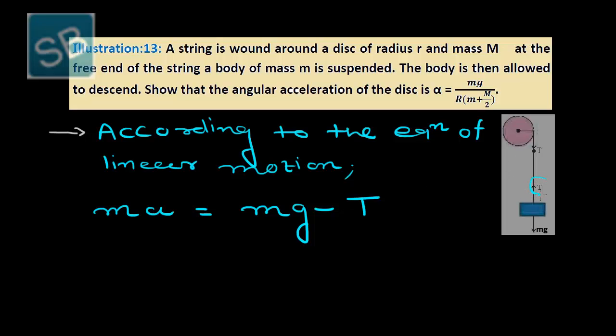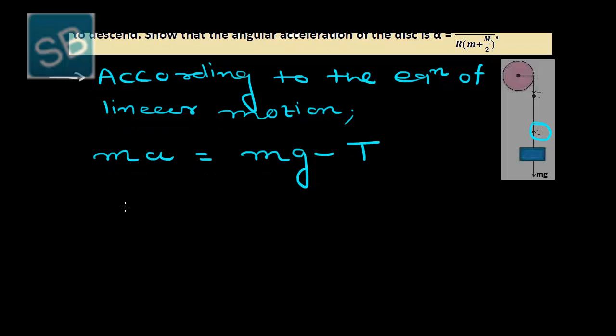Here T represents the tension of the string, and so the equation for tension in the string, therefore, is T equals m into g minus a. So this is the first equation in this illustration.